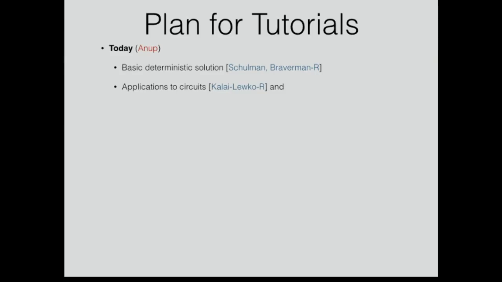Okay, so before I go on, let me just give you a broad plan for what the talks in the tutorial are going to be about. So today, what I'll talk about is a basic solution to this problem. The solution that I'll talk about is work of Braverman and myself, which builds on the initial ideas of Schulman. And then I want to show you two interesting applications of the solution.